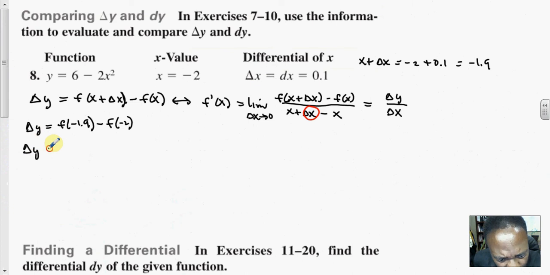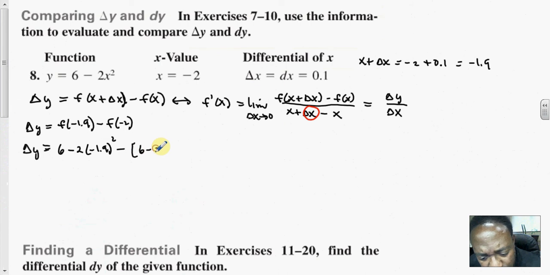So this delta y is 6 minus 2 times negative 1.9 squared, then minus, evaluate y at negative 2, 6 minus 2 times negative 2 squared. Now on your calculator, when you calculate that, you get 0.78.